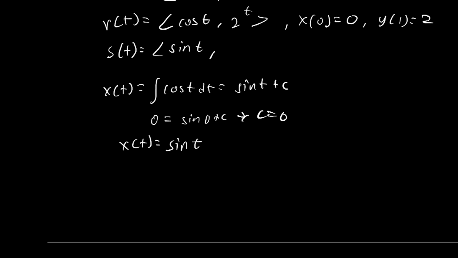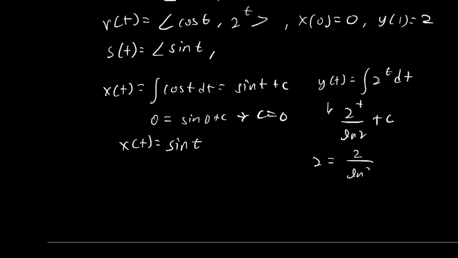Now for our y function, y of t is equal to the integral of 2 to the t dt. Of course, this is just 2 to the t divided by ln of 2 plus c. We know that 2 is equal to 2 over ln of 2 plus c. So c is equal to 2 minus 2 over ln of 2.